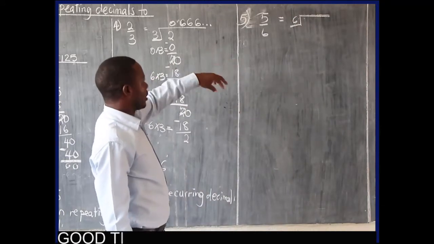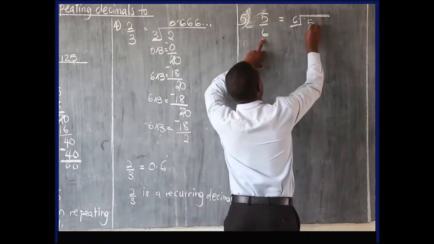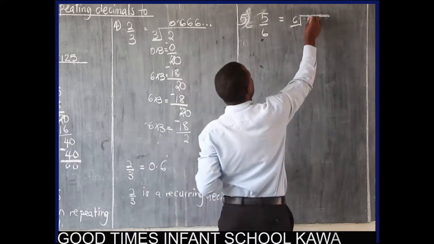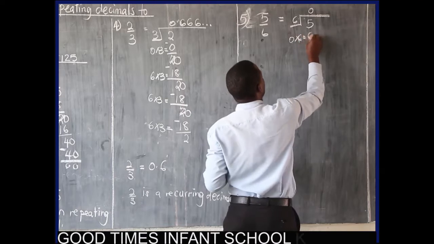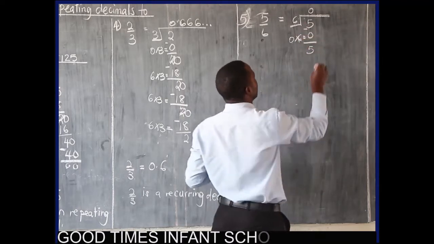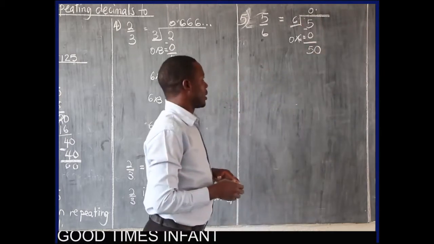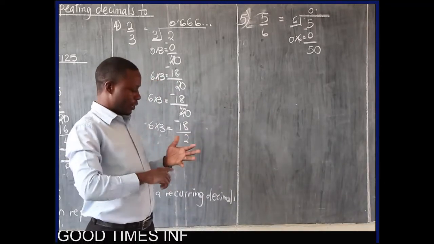Dividing means grouping. So we are dividing by 6, so we are putting a 5 here. When we group in 6 sort of, we don't have a 5, it becomes a 0. 0 times 6, you get a 0, subtract, you get a 5. Put a decimal point and a 0, it becomes 50. Now we're going to look at how many 6s can we get from 50.